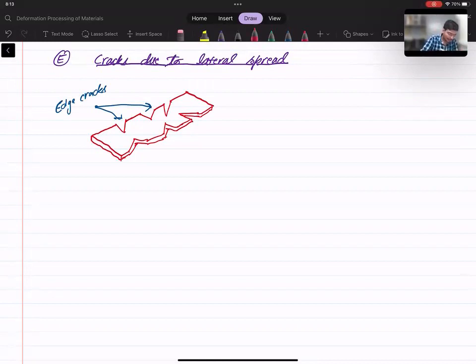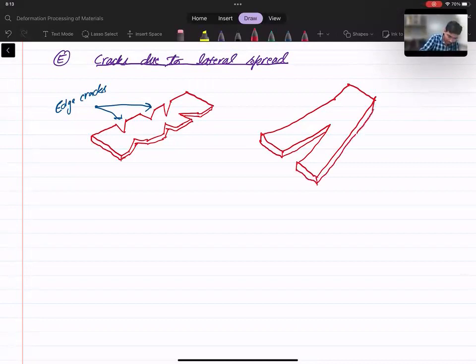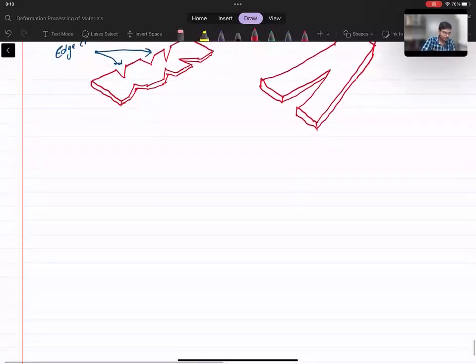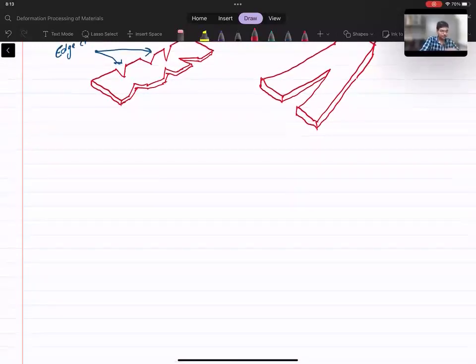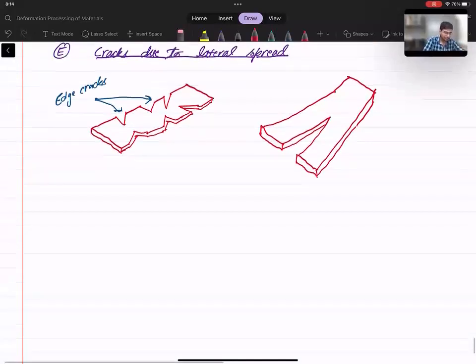So this type of separation may be observed. This is due to lateral spread. Okay.